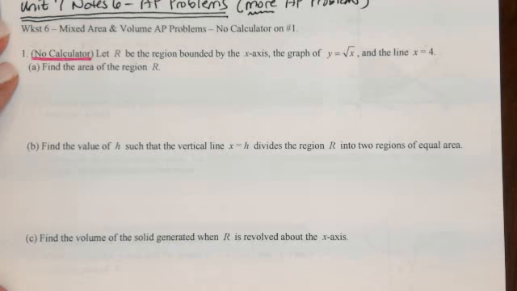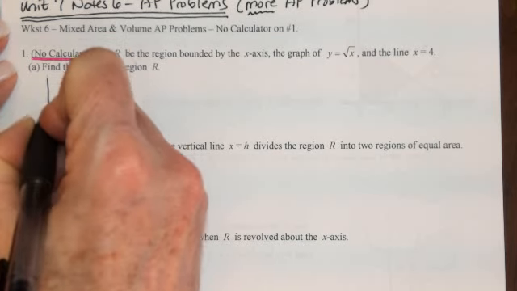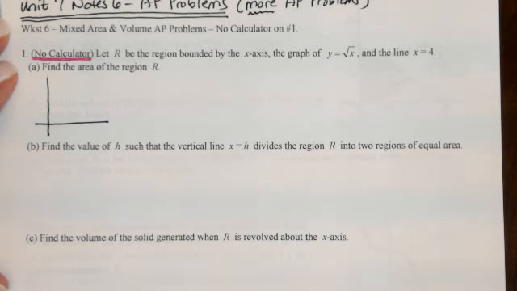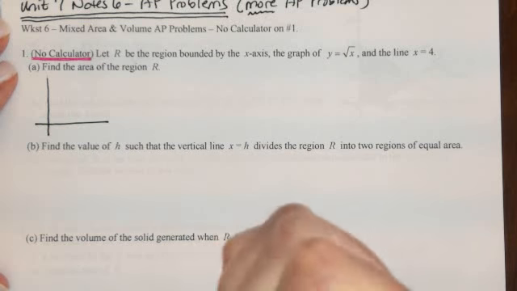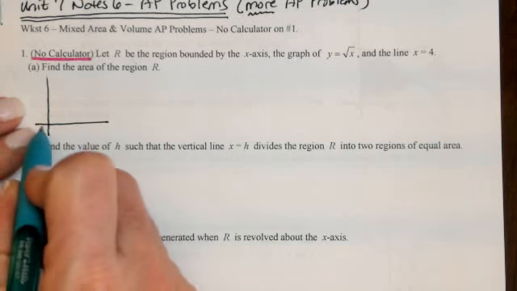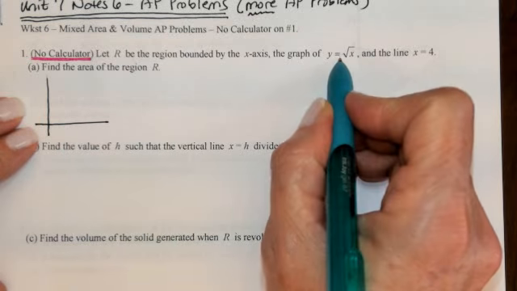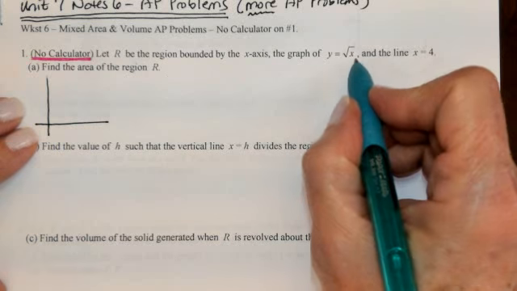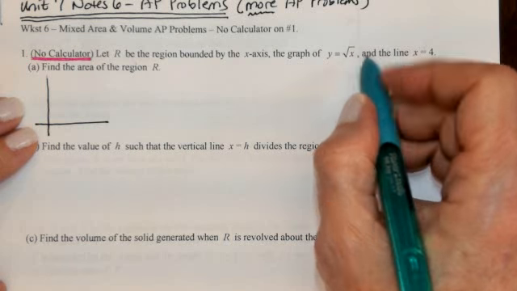So all of our action is happening in the first quadrant in this problem. Don't assume that it will always be that way, but in this problem it is. There's my axis, and the x-axis is one of our boundaries. y equals square root of x, and the line x equals 4. When x is 4, y is 2, right?